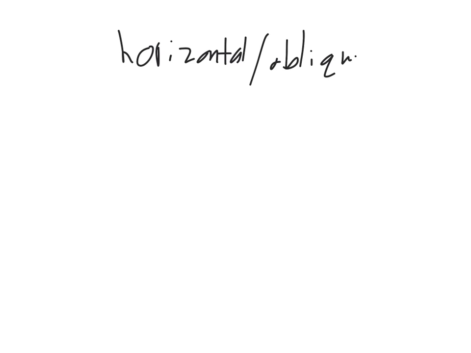So it's never going to cross a vertical asymptote. But the next thing we're going to talk about are horizontal or oblique asymptotes. These asymptotes tell what the graph does as my x gets really big or really small, so like to positive infinity and to negative infinity.